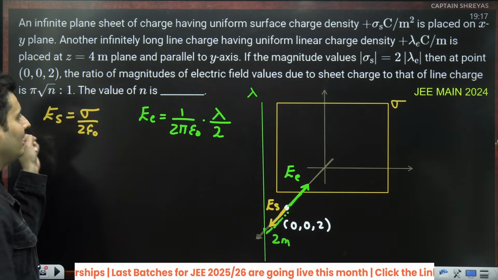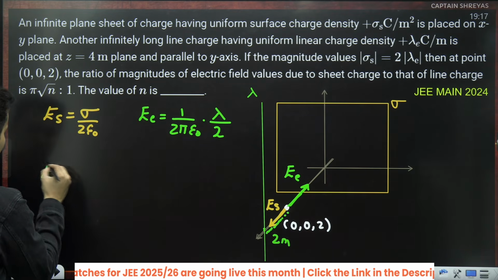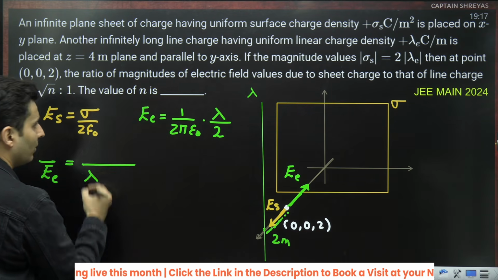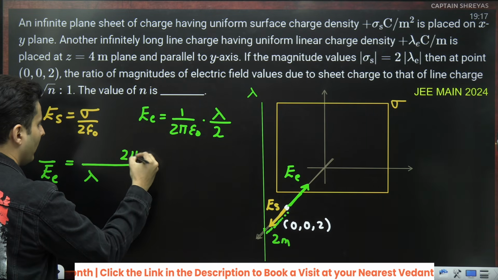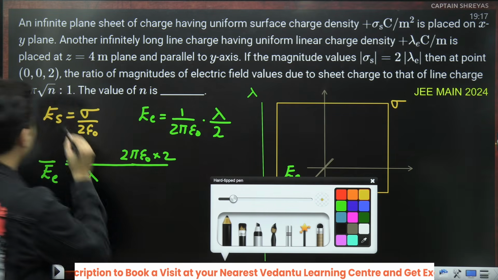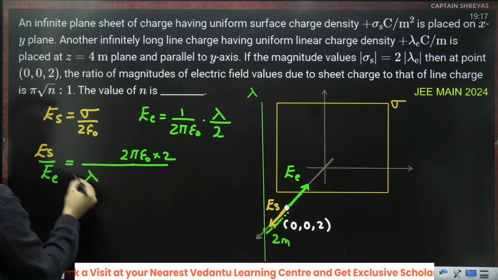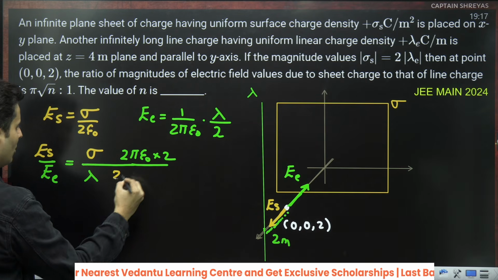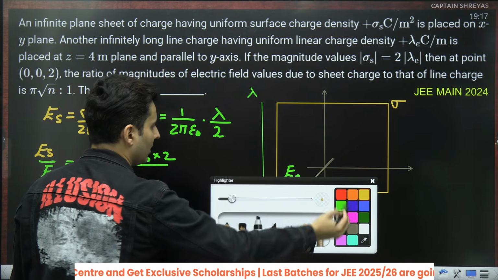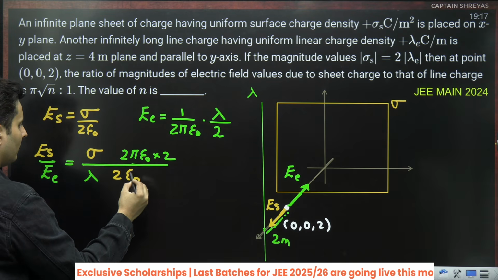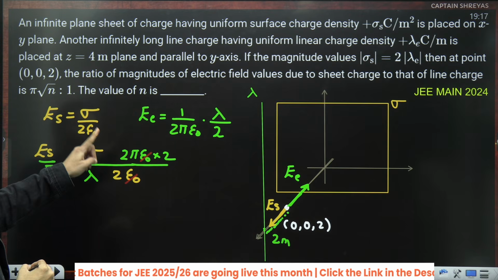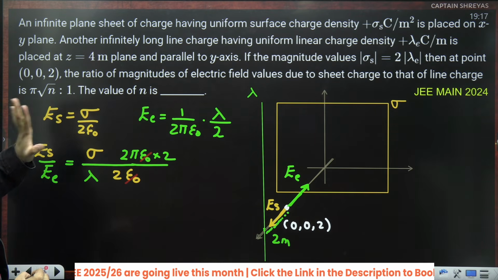Now you just need to divide both of them. So E of the wire will come on top: lambda over 2 pi epsilon naught multiplied by 2. Similarly, E due to the sheet is sigma on the top, 2 epsilon naught below. You can see a few things getting cancelled out, like epsilon naught and epsilon naught. Pi is remaining, no issues.